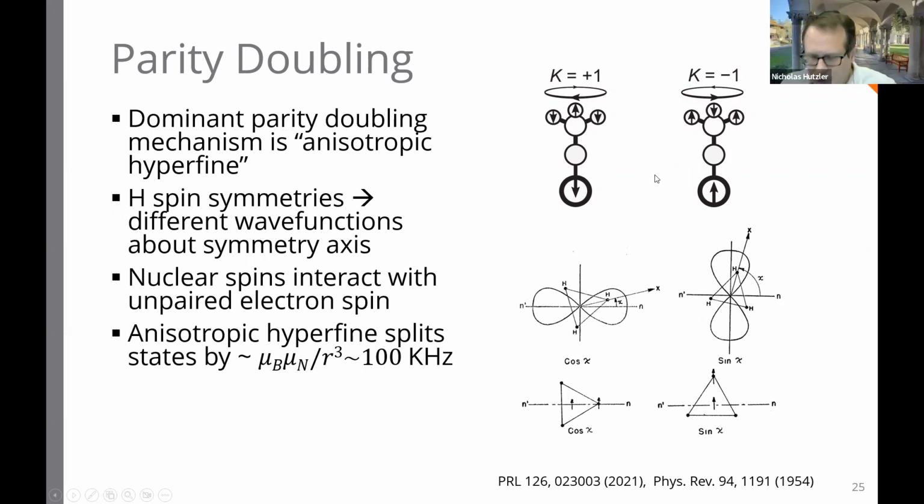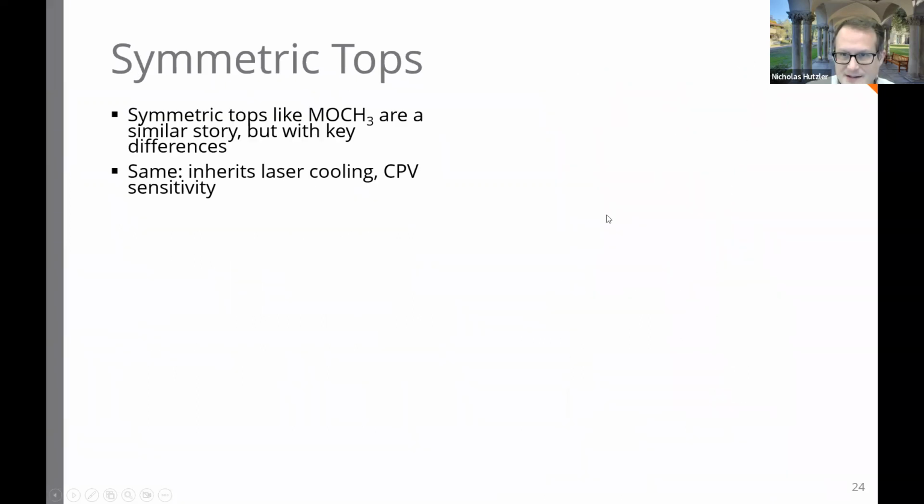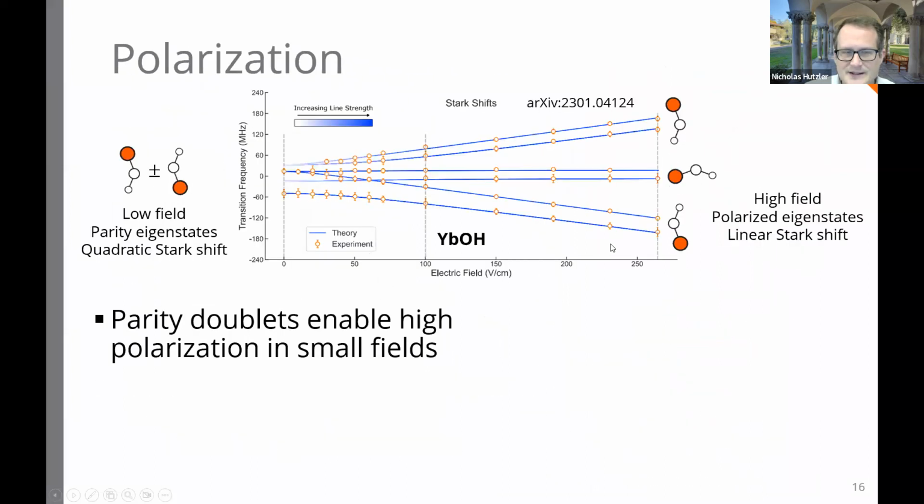Yeah, so good question. That's another kind of misleading thing with this slide, is that these are showing the distributions of the hydrogen nuclei in not the parity eigenstates, not the free field eigenstates. These are the fully polarized eigenstates. The free field eigenstates are actually superpositions of these.